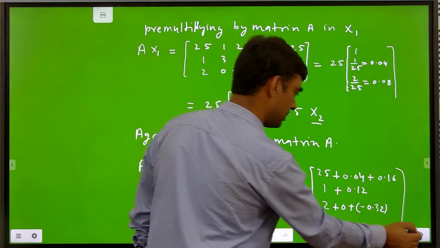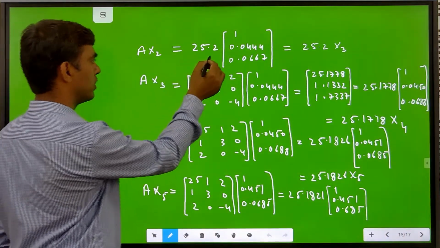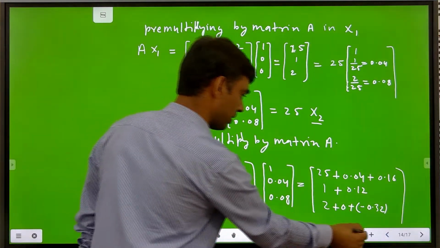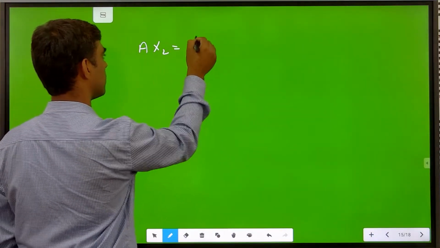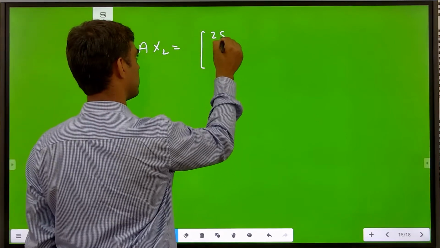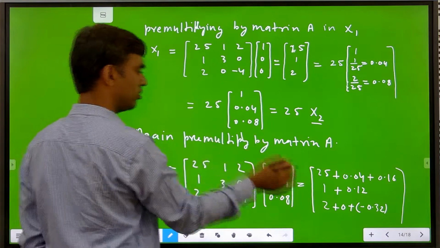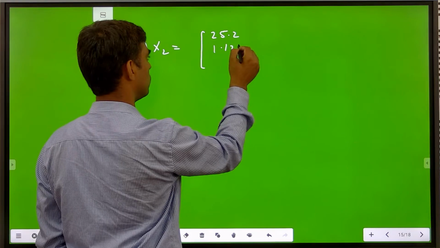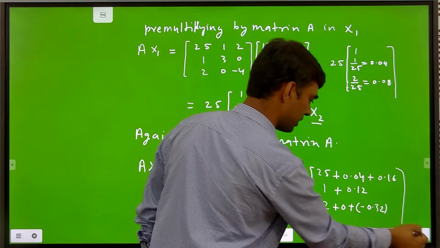So already we wrote this becomes 25.2. Then Ax2 becomes 25.20, 1.12, and 1.68.